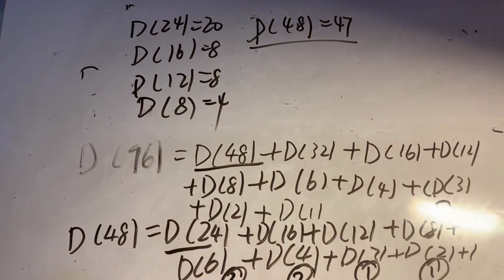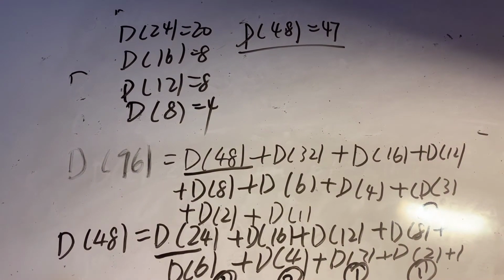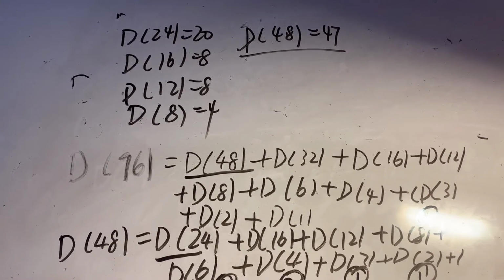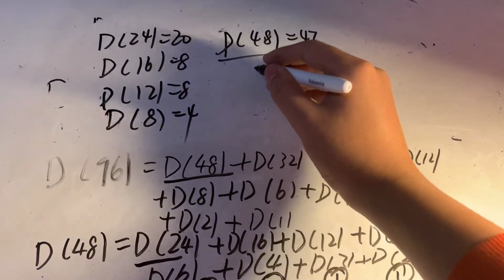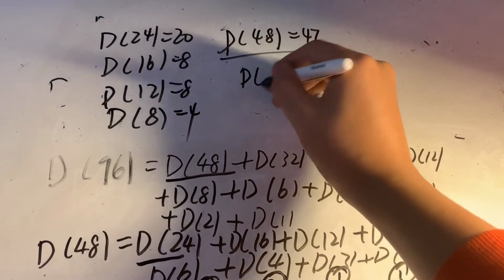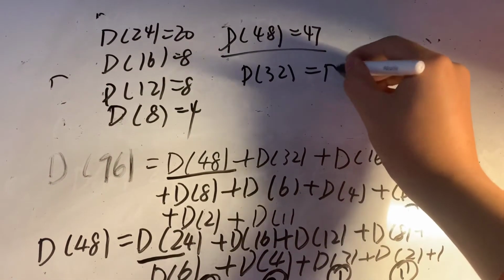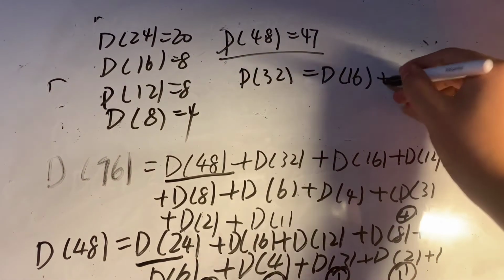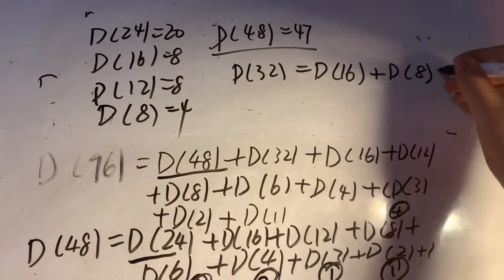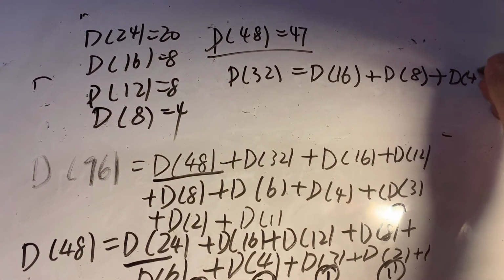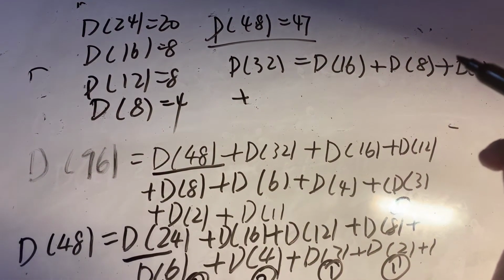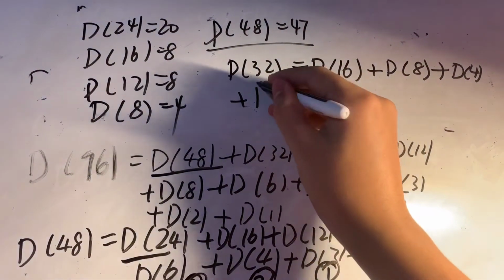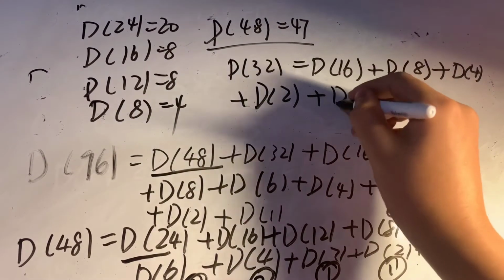Now let's work on d32. d32 is equal to d16 plus d8 plus d4 plus d2 plus d1.